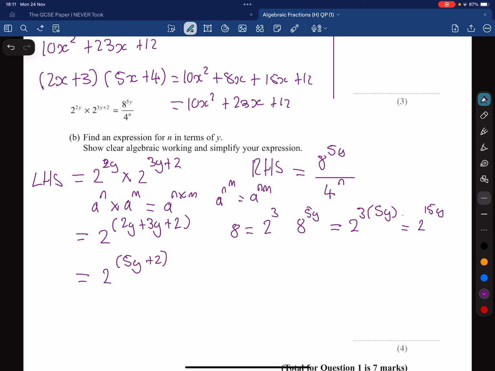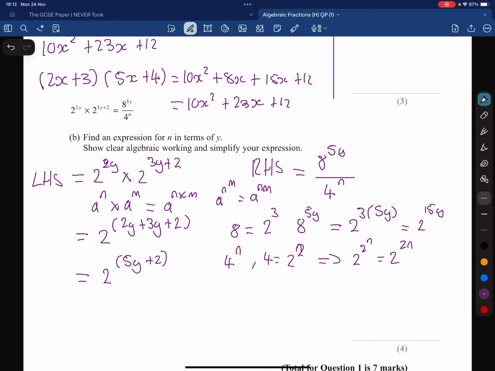Oh, sorry. Yeah. So now we need to simplify 4 to the n. 4 is equal to 2 squared, in a similar way, therefore we've got 2 squared to the n, which is equal to 2 to the 2n.